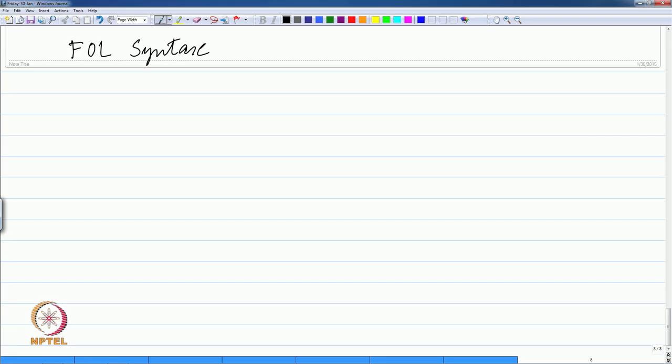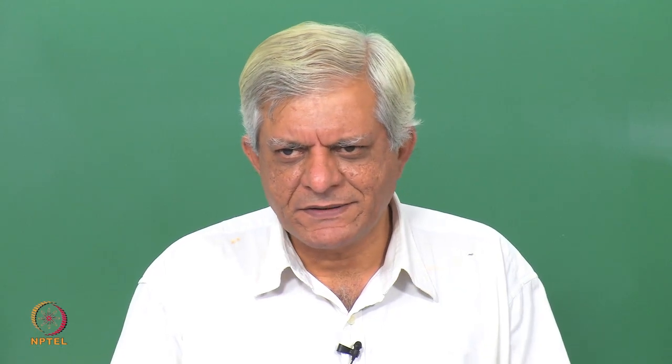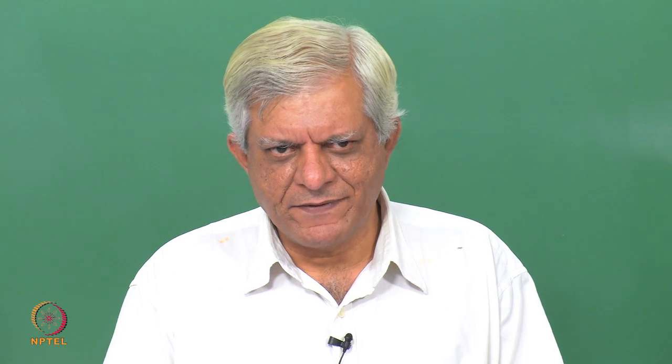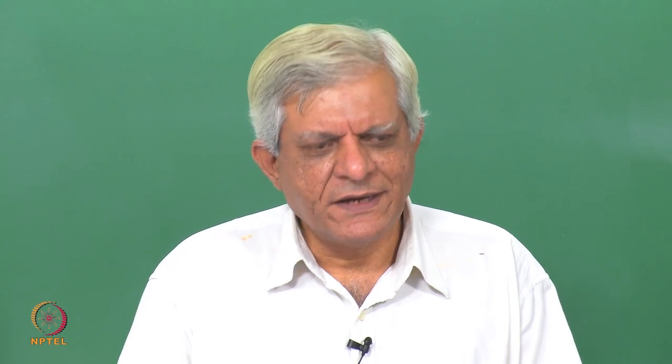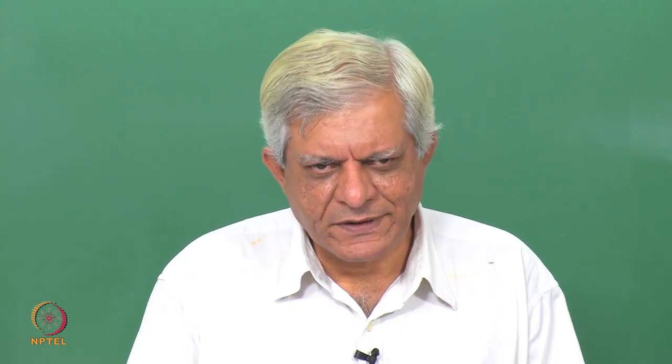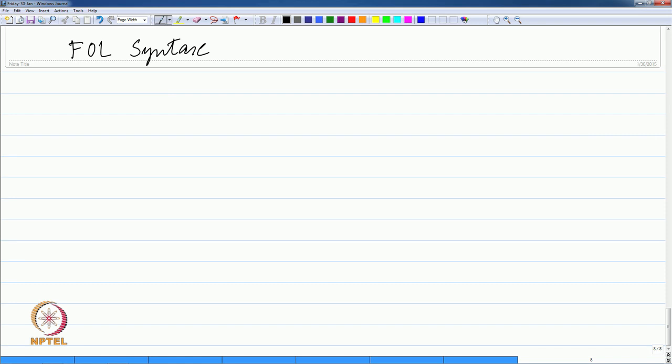And as we did in propositional logic, we will see that the FOL alphabet is basically an augmentation of the propositional logic alphabet. We will add certain more symbols and we will be able to write more, in some sense, complex sentences essentially.